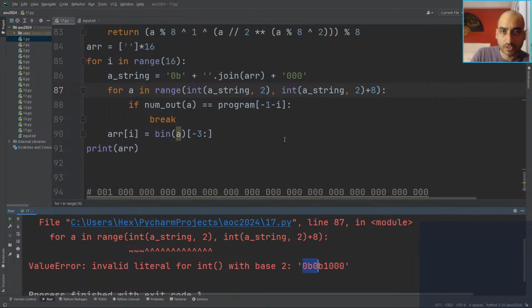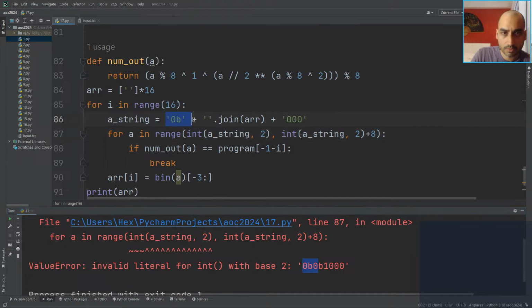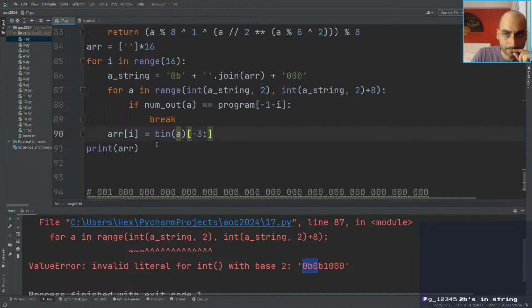Oh god, what have I done here? Why is there B? Ah, I see.